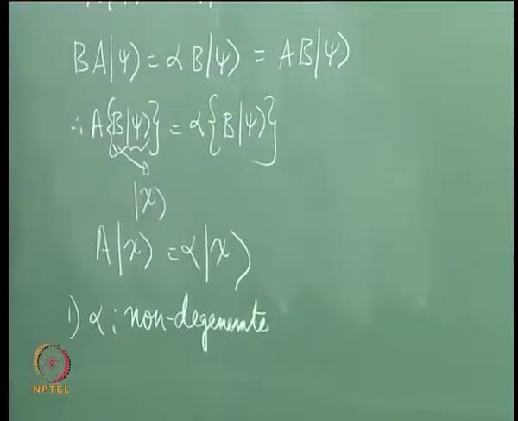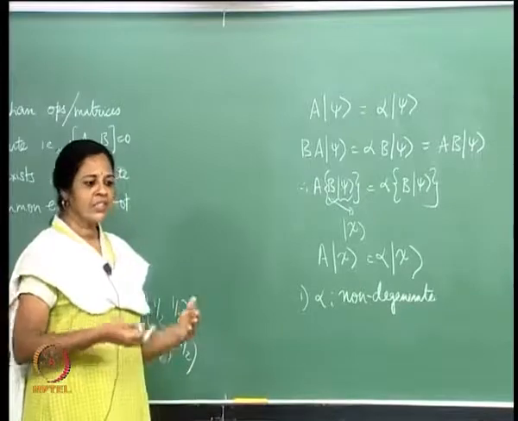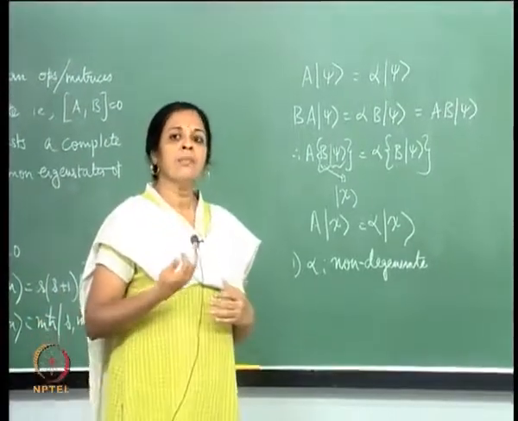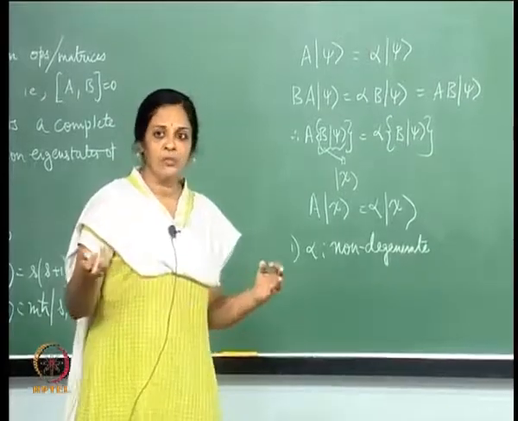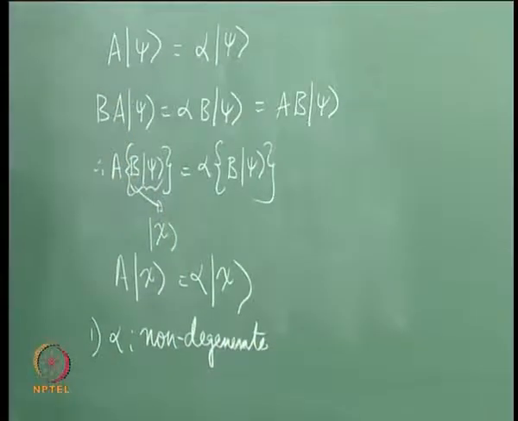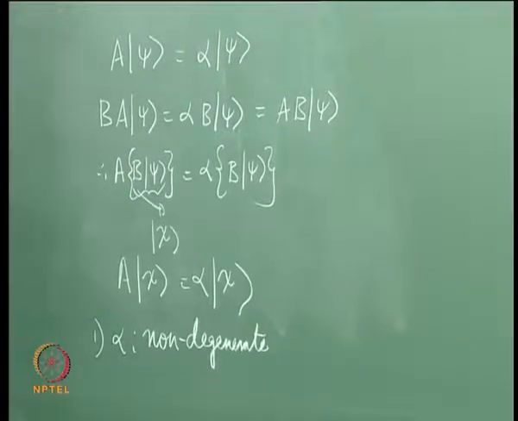There is no more than one eigenvector of A corresponding to that eigenvalue alpha. Degenerate would mean that there is more than one eigenvector, maybe 2, maybe 3, maybe many more. All these eigenvectors are eigenvectors of A corresponding to the same eigenvalue alpha. So, there are cases to be considered.